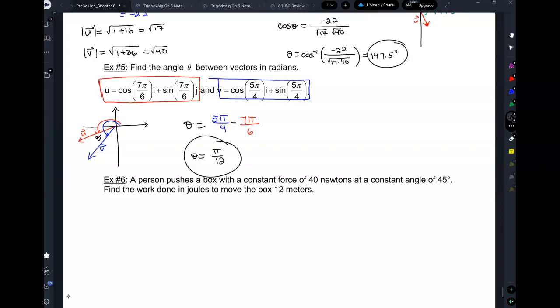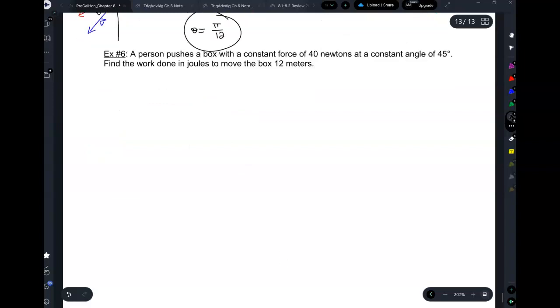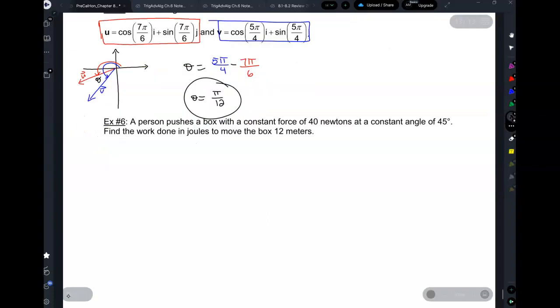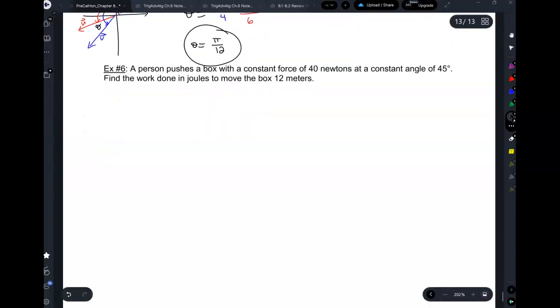So take a look. A person, oh, where's my diagram for this? My diagram went away. It's okay. A person pushes a box with a constant force of 40 newtons at a constant angle of 45 degrees. So here's the box, and it's gonna move along the floor.